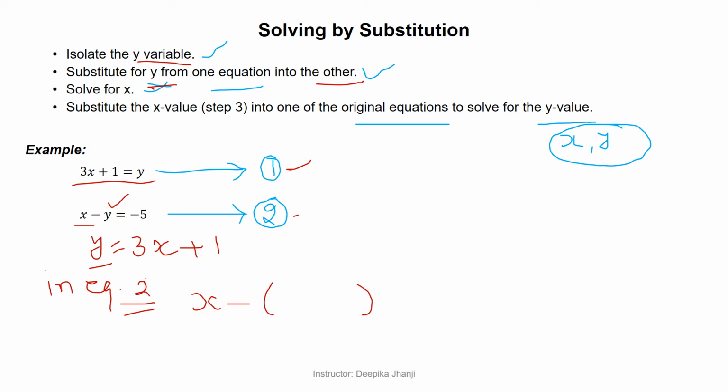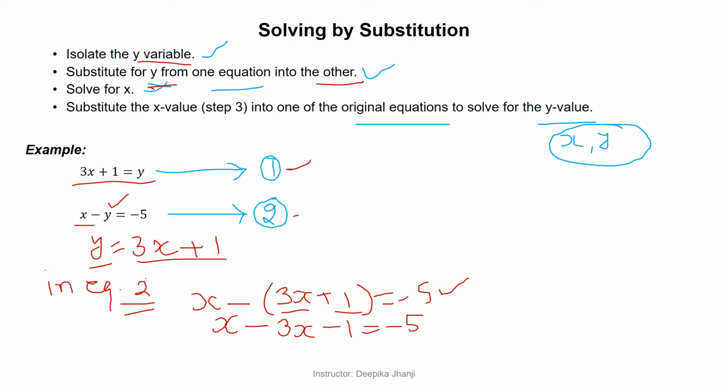Because we have two terms in the value of y, we're going to keep it in brackets. So x minus (3x plus 1) equals negative 5. So we get an equation in terms of x only. Now we'll solve this equation. Because we have a negative outside the bracket, we change the sign of all the terms inside the bracket. So this becomes x minus 3x minus 1 equals negative 5.